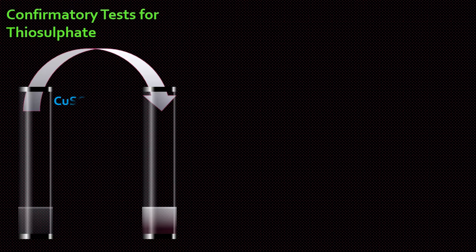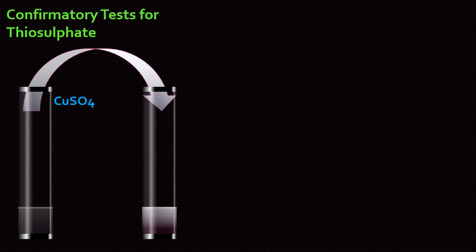The salt is copper sulfate. So here is the first confirmatory test for thiosulfate. If we add copper sulfate to a thiosulfate original solution, the solution turns blackish, or a black precipitate forms at the bottom of the test tube.